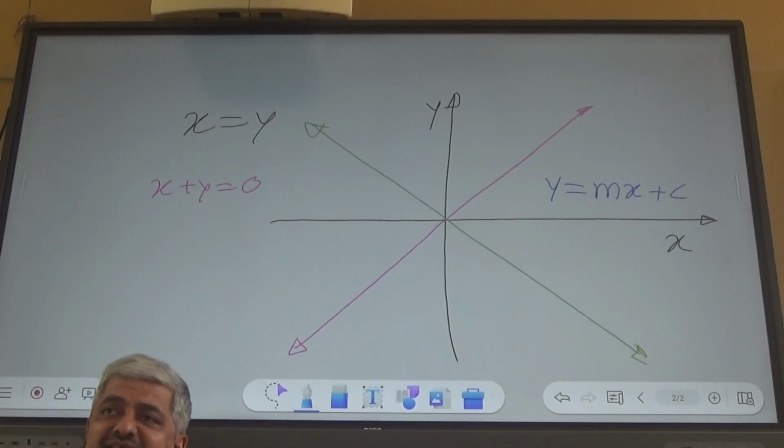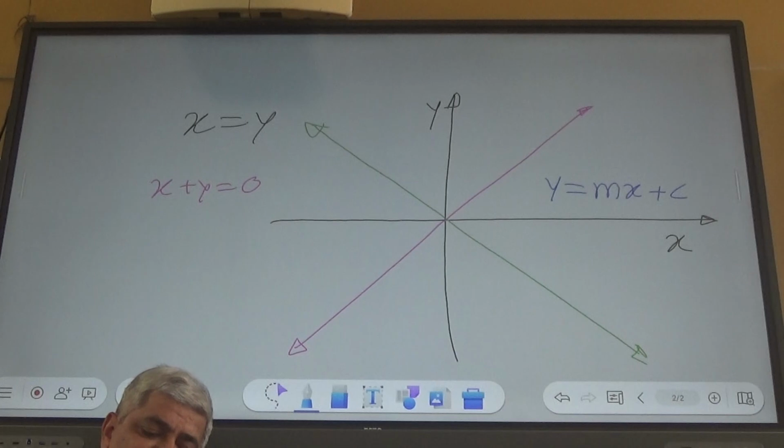In a 3D space, how many equations does a line have?